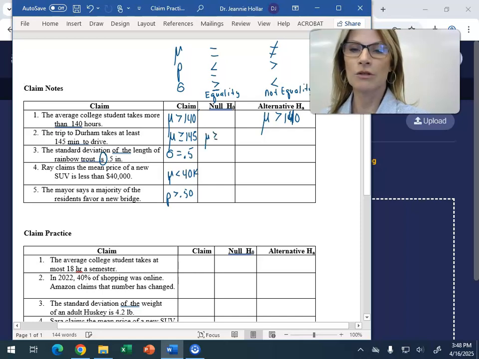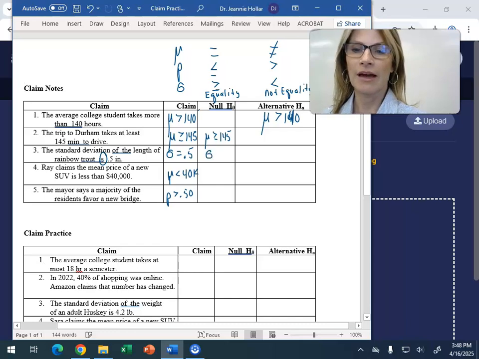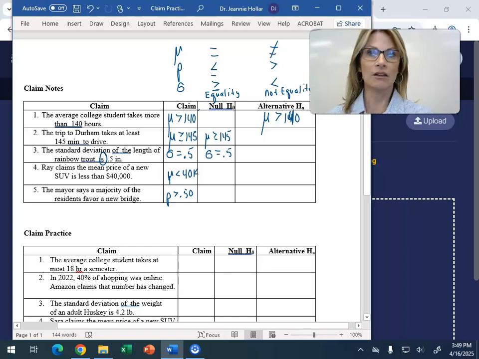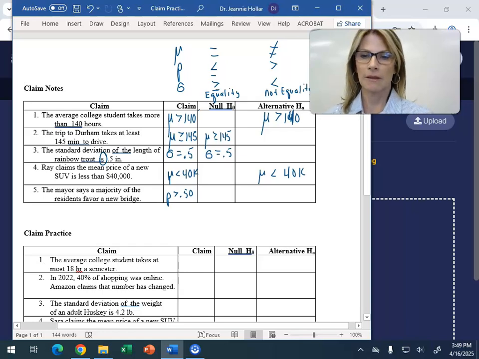Equal to 0.5, that would be a statement for a null. Less than 40,000, that would be an alternative. Proportion greater than 50, that would be an alternative.